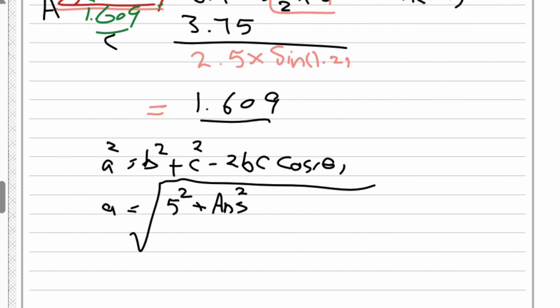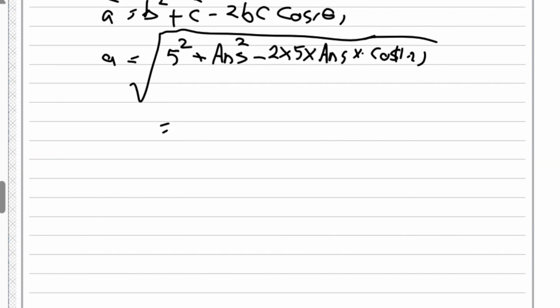So plus answer squared minus 2 times 5 times answer, write it all, or use answer times cosine 1.2. Now put this in your calculator.